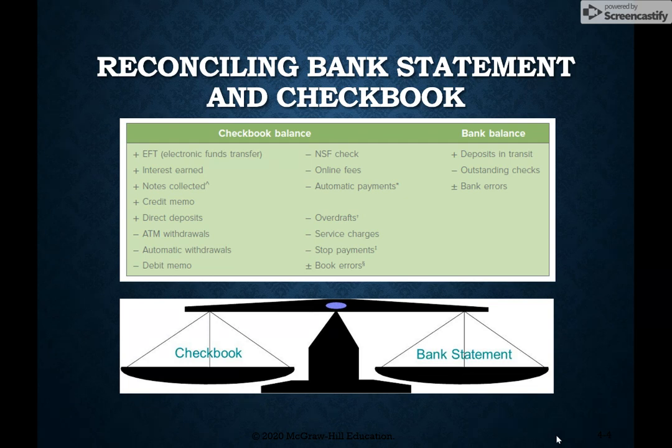And then if there are any errors, depending on the nature of the errors, they will lead to either an increase or a reduction in the bank balance. Then on the checkbook balance, what we need to consider is if there's any EFT, electronic funds transfer, we need to increase our checkbook balance.